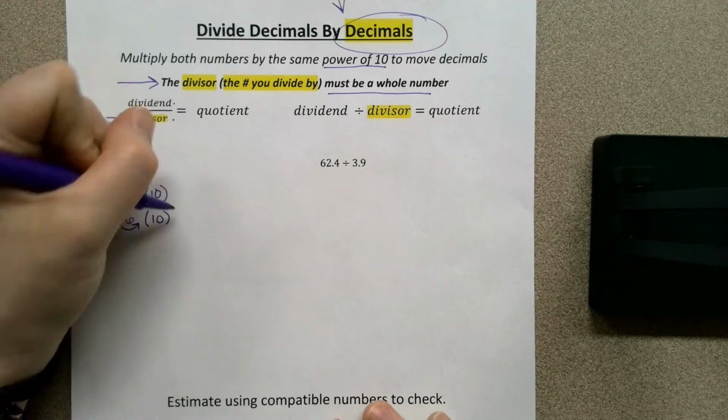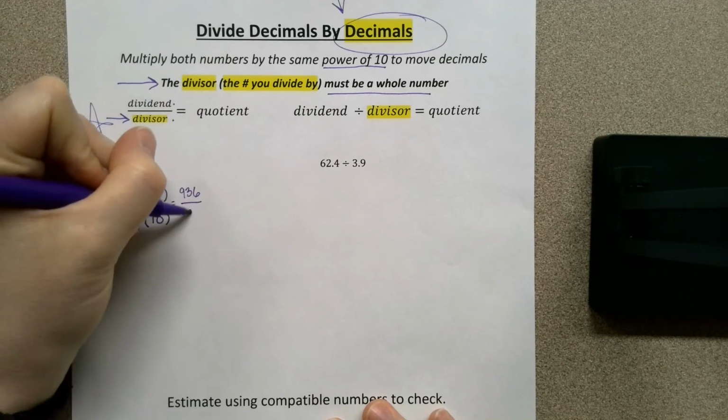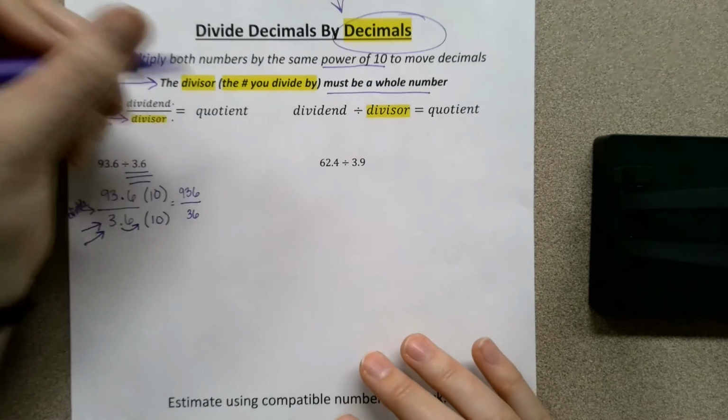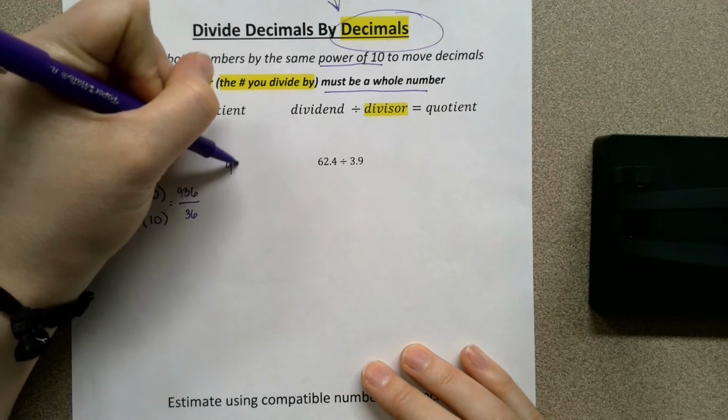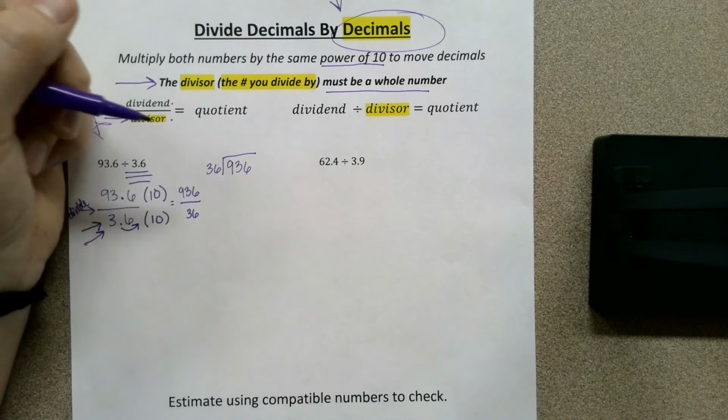So in that case, we instead have 936 divided by 36. It's still going to give us that same relationship and the same quotient. However, now we don't have the decimal in the divisor. So we can write it as the dividend in the box divided by 36.